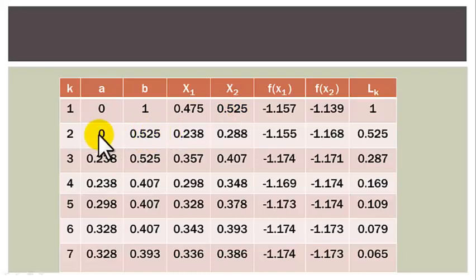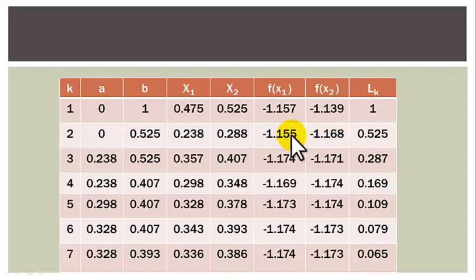Now, using this interval of uncertainty as our working interval, the midpoint of this, from there we will generate our x1 to be 0.238 and x2 will be 0.288. f of x1 is minus 1.155, f of x2 is minus 1.168.